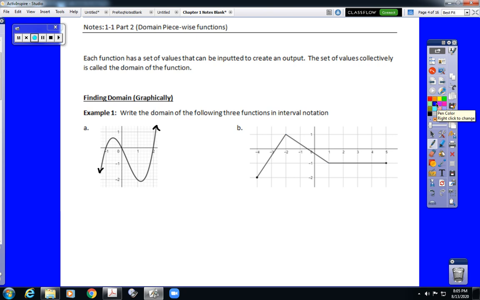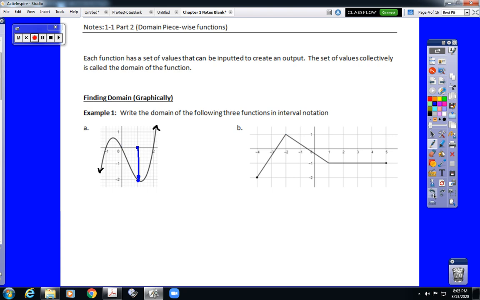So on letter A, since those extend indefinitely forever, there is not one x value that we can go to. Like say we go to 1, there is a y value associated with that. If we go to 0, there is a y value. If we go to 5, it'll be way up here probably at the top, but it will exist. There will be a y value associated with that x.